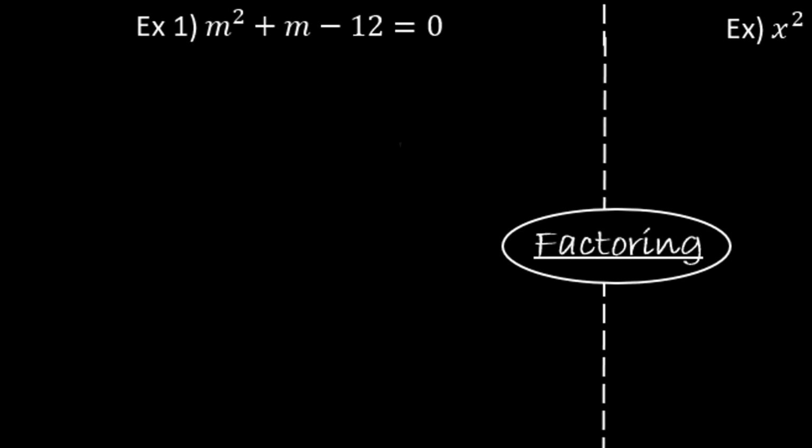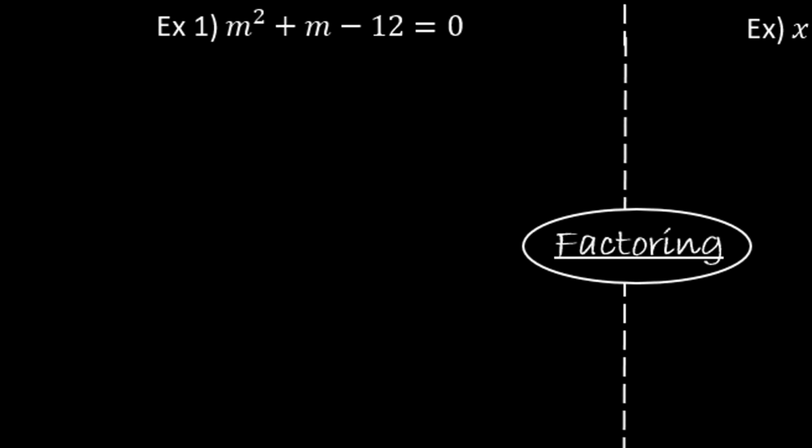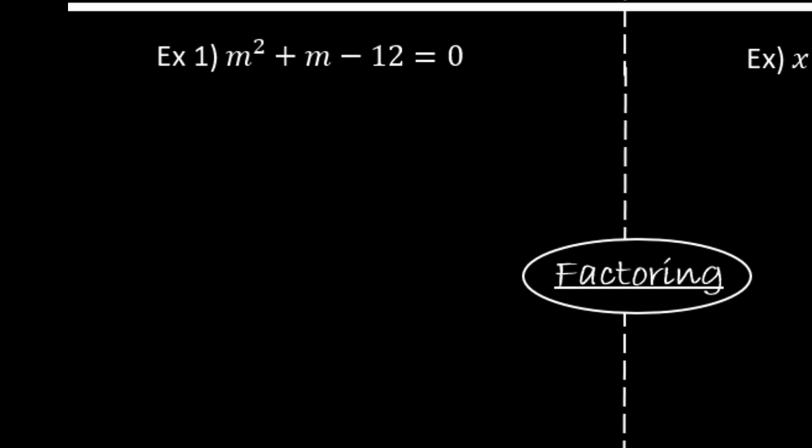We're going to try to factor. Now, when I say a in this equation, what am I talking about? No, I'm not talking about m squared. What is the number in front of a variable called?